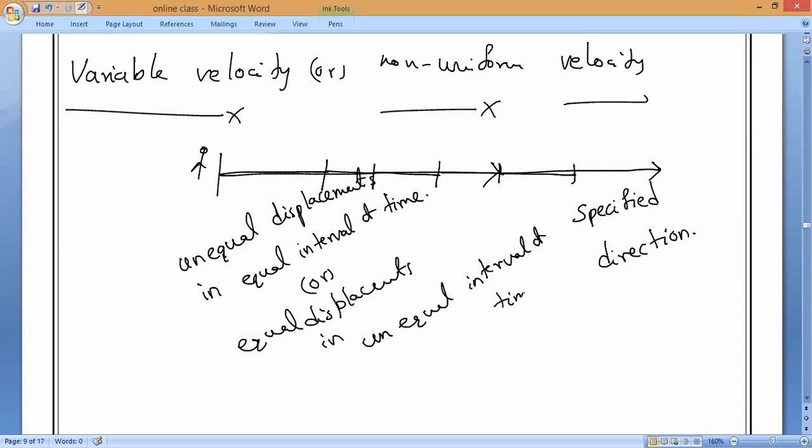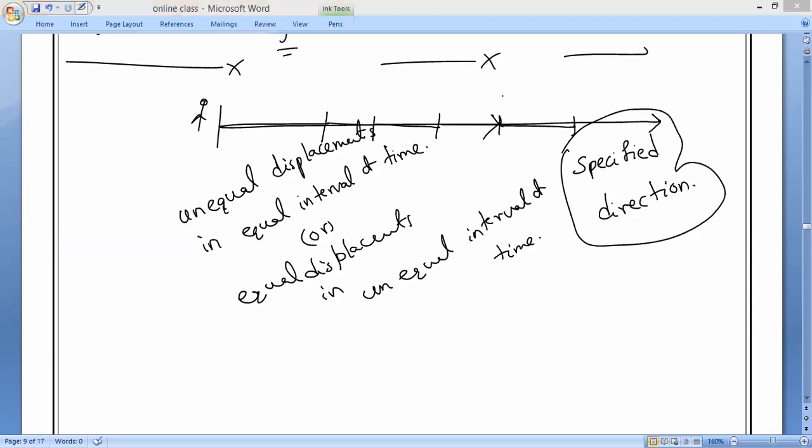Is it clear, everyone? That is what you have to remember. That is what we call variable velocity. So here also there is a specified direction, but distance, displacement and time are not equal from one point to another. Understand, Gokul?